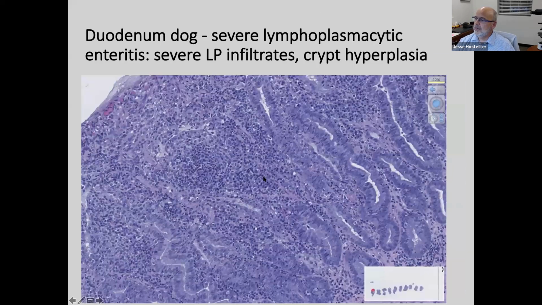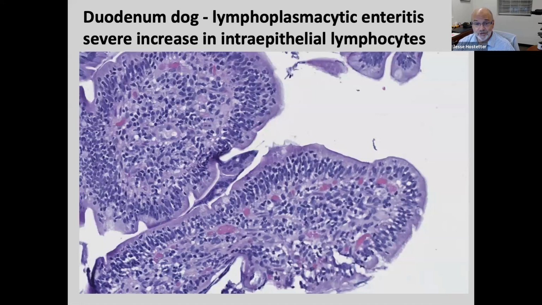And then as we go to a higher magnification, I've shown you this before, you've seen it. Lots and lots of lymphocytes and plasma cells here. And the crypts are crowded and lined by hyperplastic epithelium. And then all of you caught this one. There's increased numbers of intraepithelial lymphocytes here.